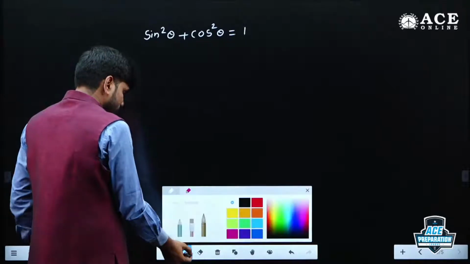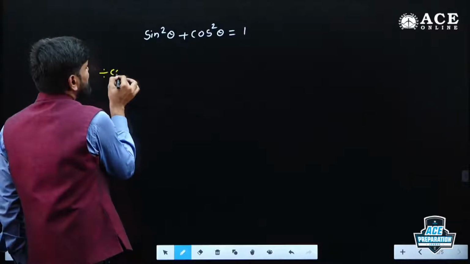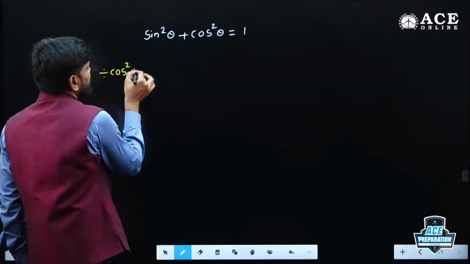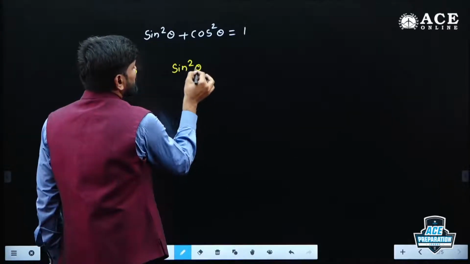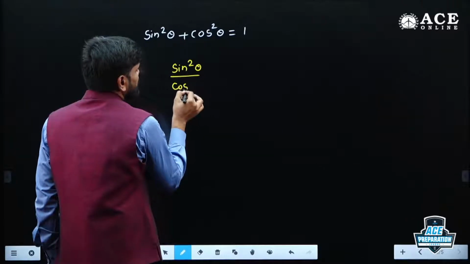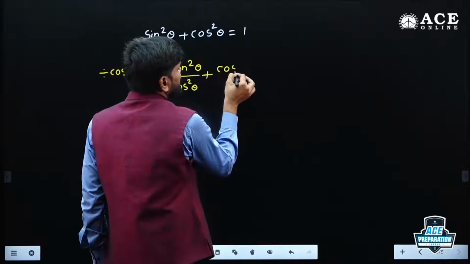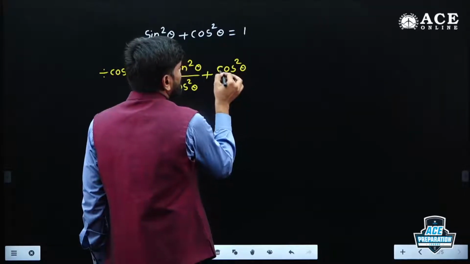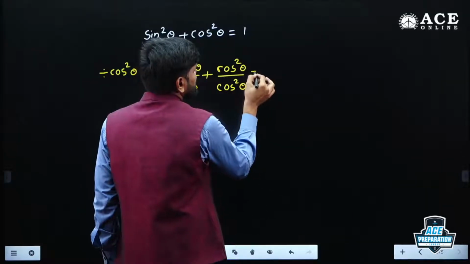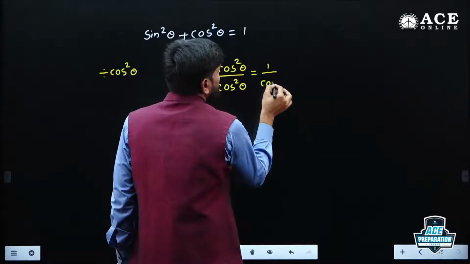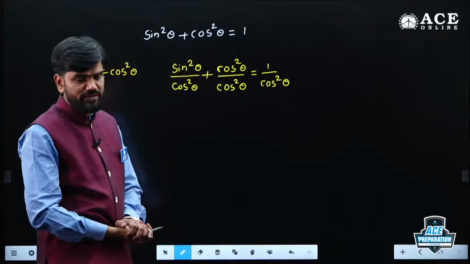If I divide both sides with cos square theta, this will give you sine square theta by cos square theta plus cos square theta by cos square theta is equal to 1 by cos square theta, right.